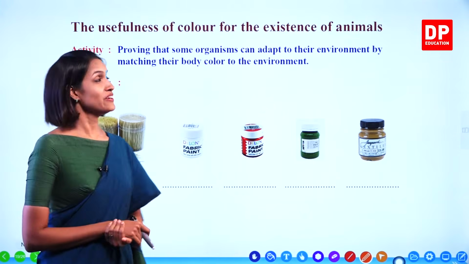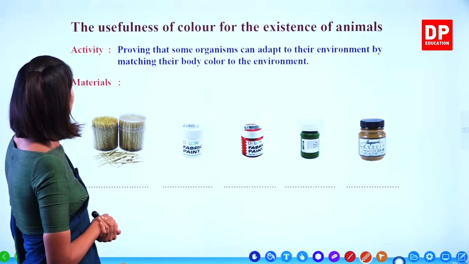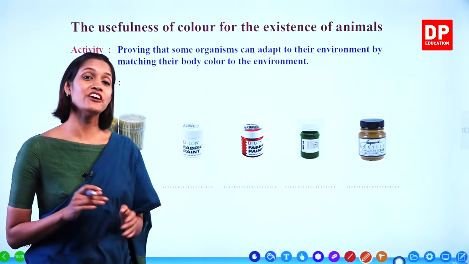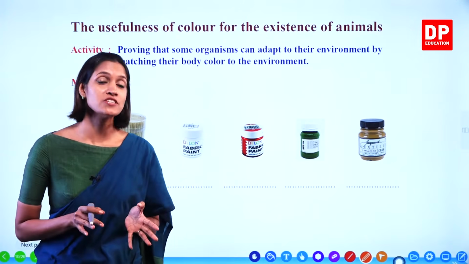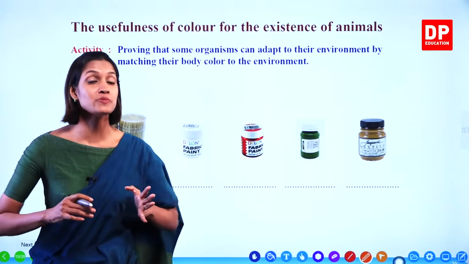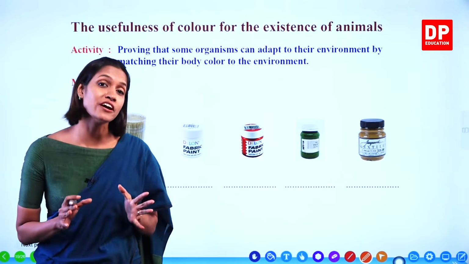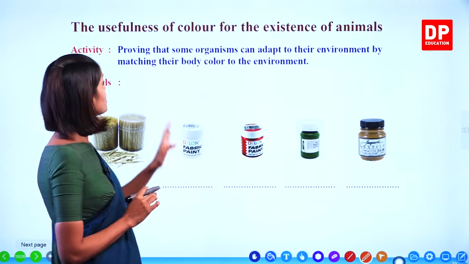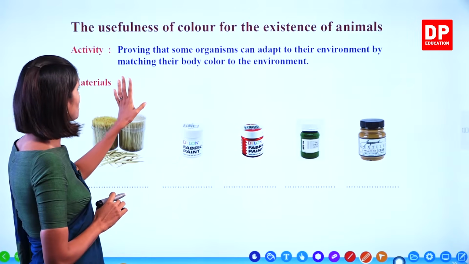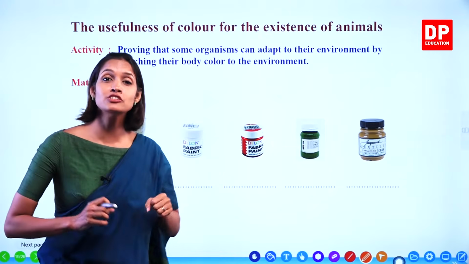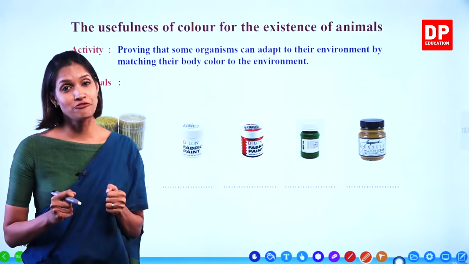Okay, children. We have an activity to do now. The usefulness of color for the existence of animals. By far we discussed adaptations and I told you there are different special characteristics that animals have in order to survive in their environment. Now here we are going to learn about how important color is for a certain animal to live in their environment.